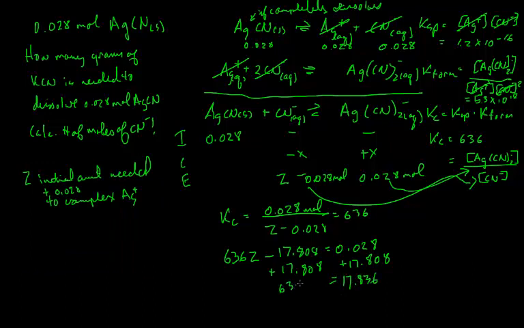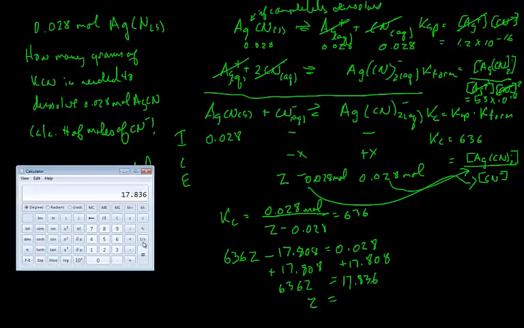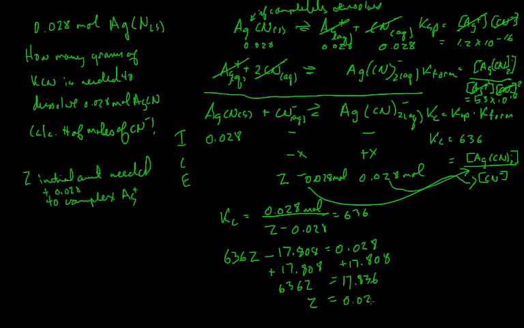So 636Z equals 17.836, and we divide 17.836 by 636. And that's 0.028. And that probably makes sense. We need an additional 0.028 moles plus the 0.028 moles that we've already got in order to fully complex the cyanide. Okay, so that makes sense.